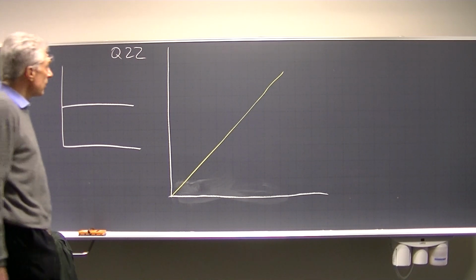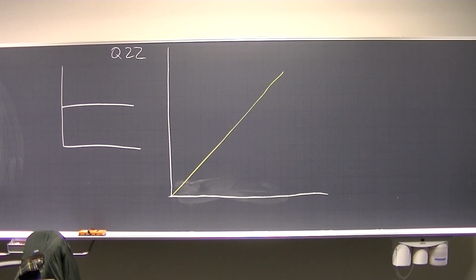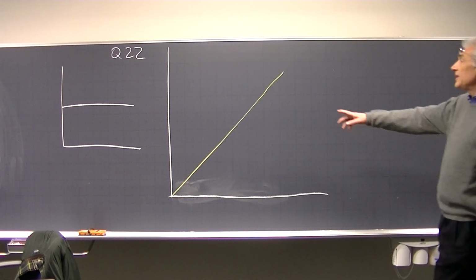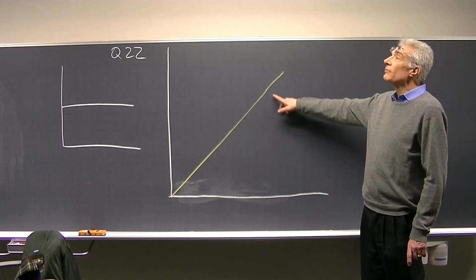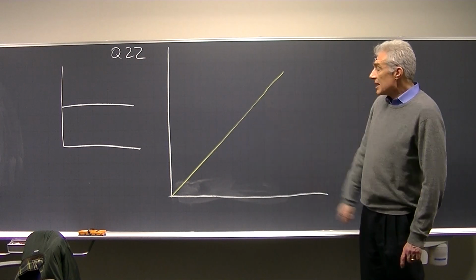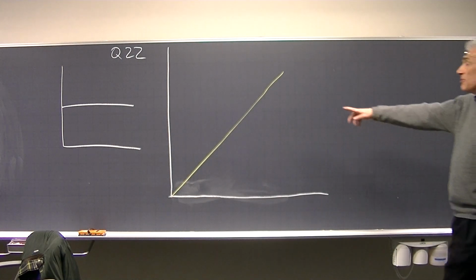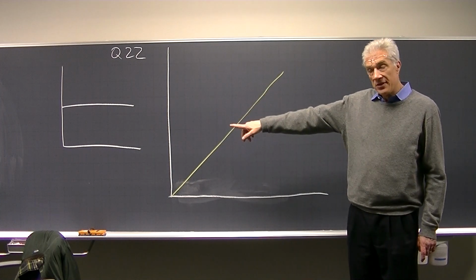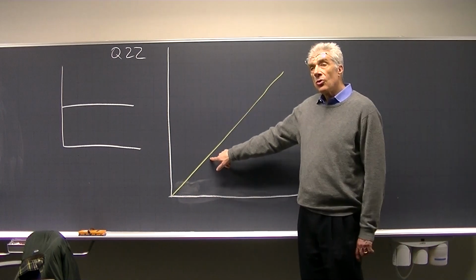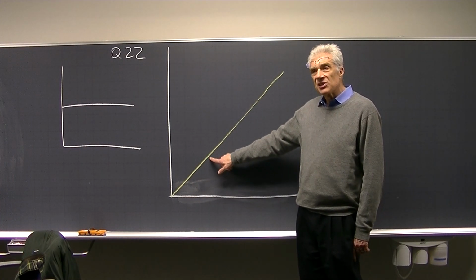The first thing I want you to do is talk about, if the firms in the market are perfectly competitive, what is the shape? When is this a marginal cost curve, and when is this not a marginal cost curve?